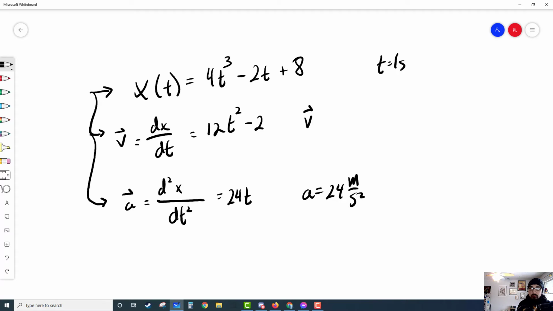So the velocity was 10 meters per second. And the position, 4 times 1 is 4, minus 2 times 1, that's 2, plus 8, so that's 10, right? Hopefully I did that right. Yeah, x equals 10 meters. So we can see that at 1 second, this is the information that we can gather, all from that one function.